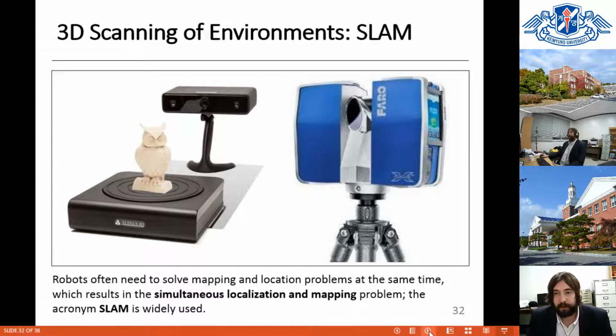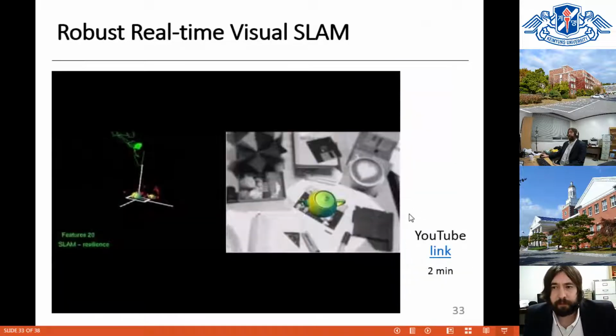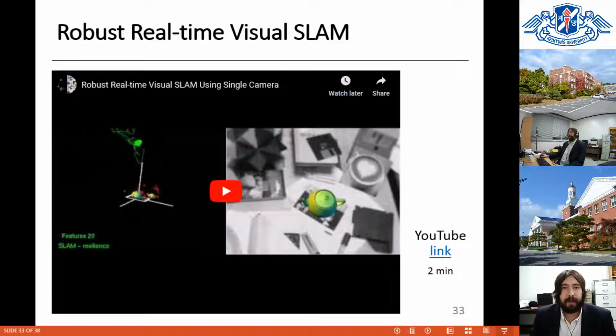So I'm going to show you some real applications with Visual SLAM. The first one is just 2 minutes, and this is real-time Visual SLAM using only one single camera.